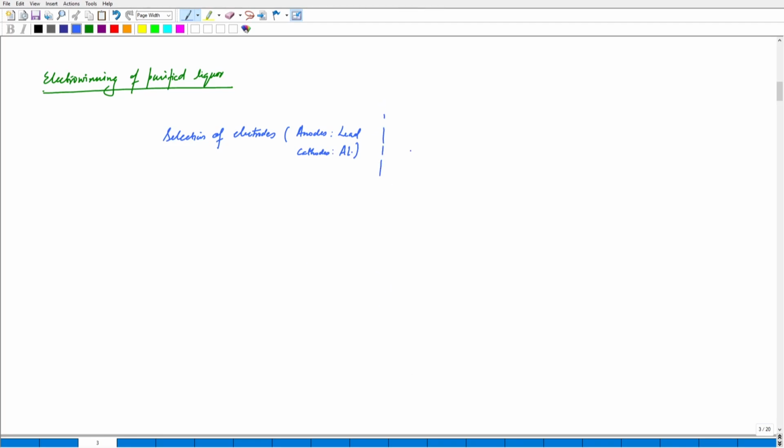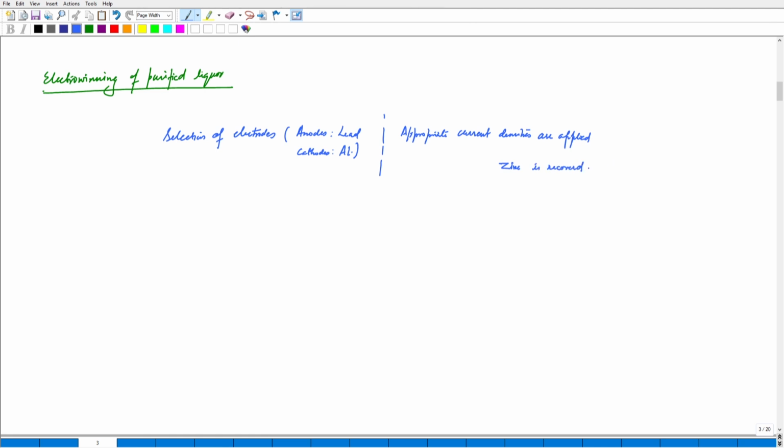We also need appropriate current densities. Appropriate current densities are applied and recovery of zinc is done. So this basically is just a one step process. You have the electrolyte, you have the electrodes, and zinc is recovered.